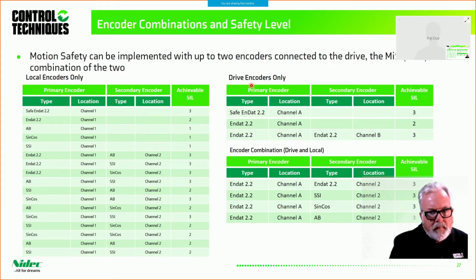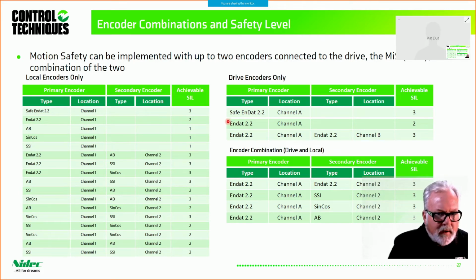Now what I did was I used the drive encoder only. And the reason I did that was because it's much cleaner. What I'm going to introduce tomorrow is the concept of encoder snooping.